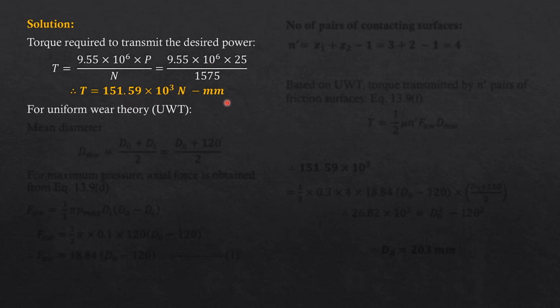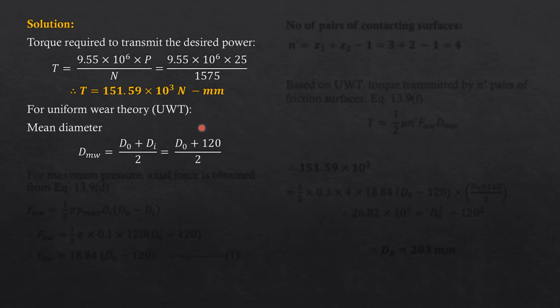Now they have asked us to assume uniform wear theory. For uniform wear theory, we know that the mean diameter is the average of both. Now we don't know DO, we need to solve for DO. Therefore, the mean diameter can be expressed as (DO plus 120) by 2, where the inner diameter is 120 mm. Now they have given us the maximum pressure value, 0.1 megapascal in the problem statement.